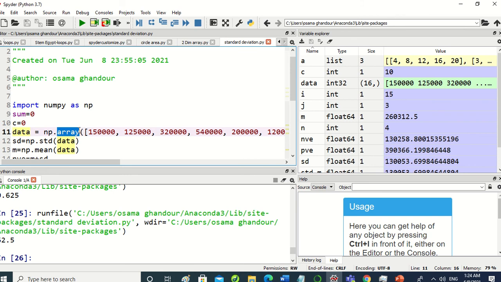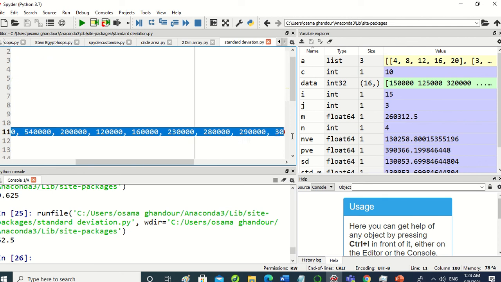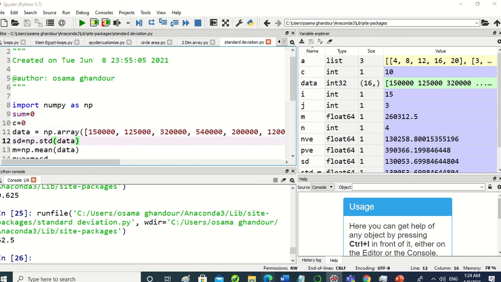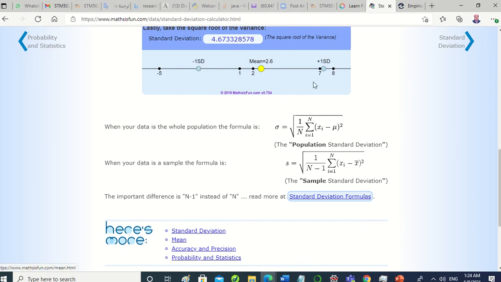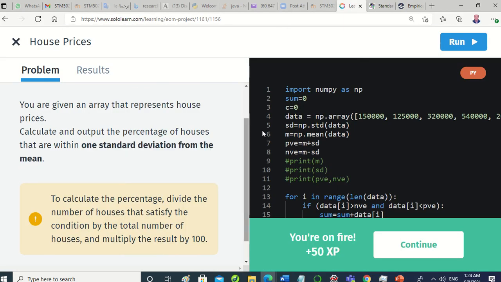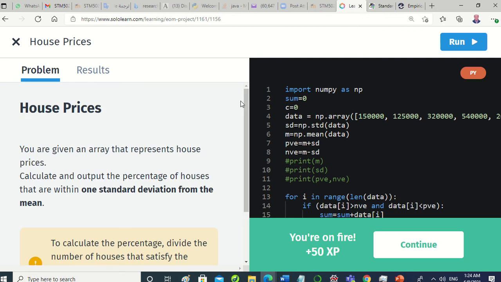I used the built-in function array, which is included in the NumPy library, and inside it there is the list. Each element in this list is like a price of one house. As we see in the problem, let's go back to the problem: house prices. You are given an array that represents house prices.